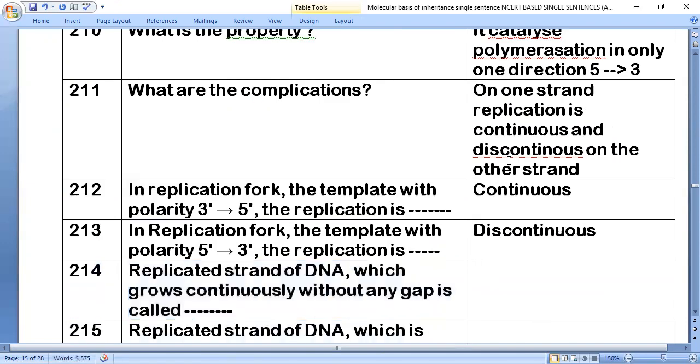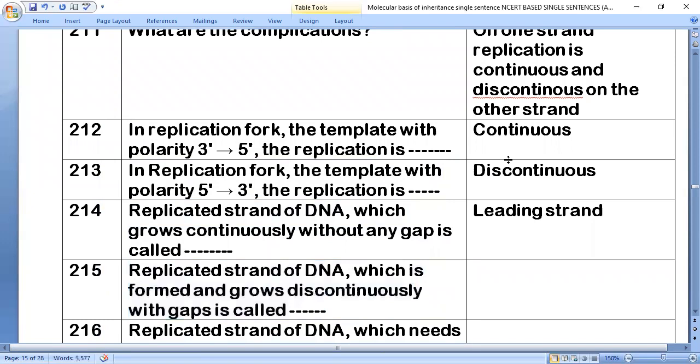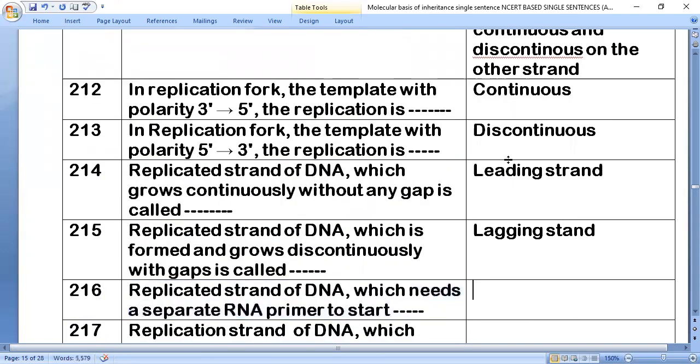The replicated strand of DNA which grows continuously without any gap is called the leading strand. The replicated strand which grows discontinuously, with gaps, is called the lagging strand. The strand which needs a separate RNA primer to start is the lagging strand.